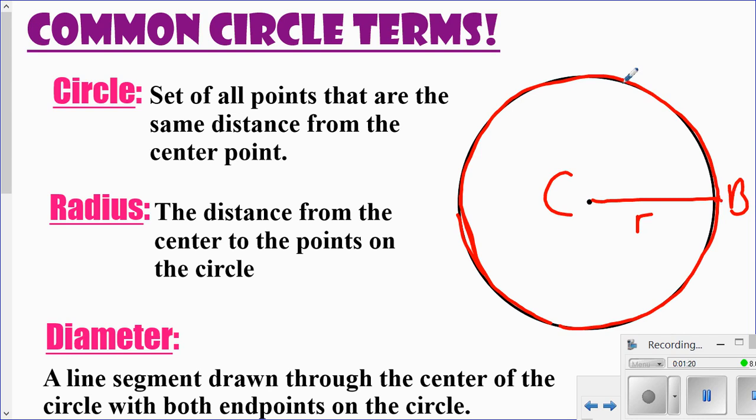But I could put points anywhere along the circle and draw more radii, the plural of radius. So I could call that A, let's say. So segment AC and segment BC are both a radius of the circle, or radii of the circle.